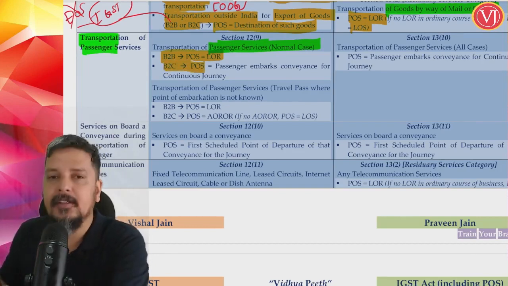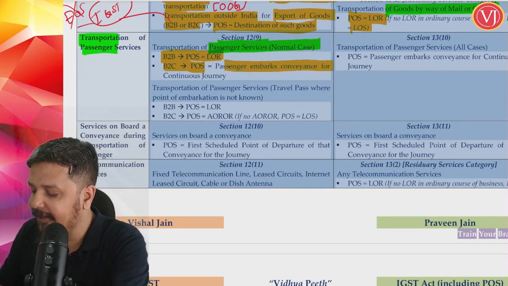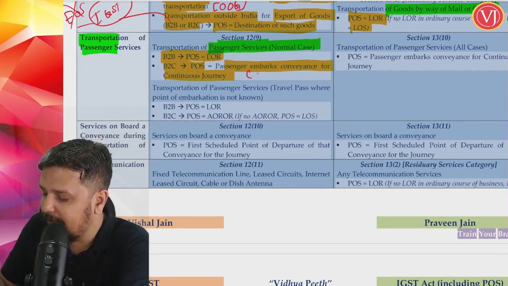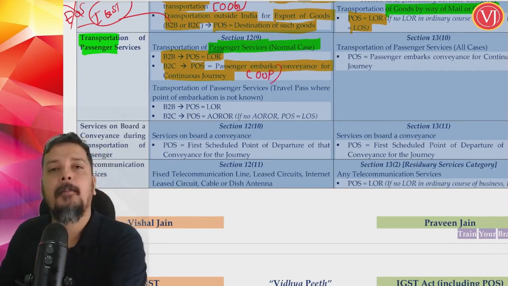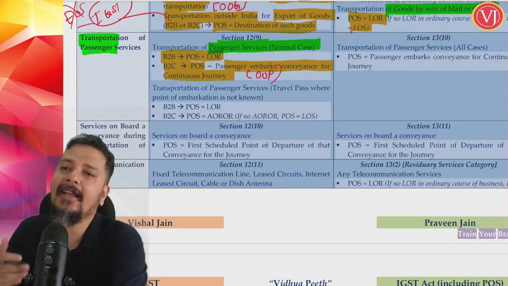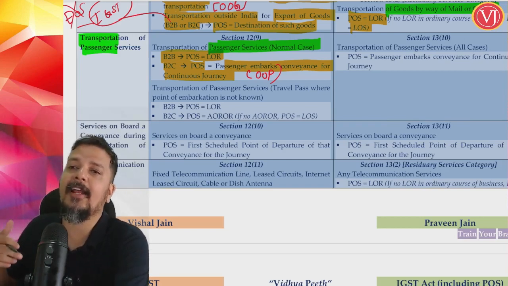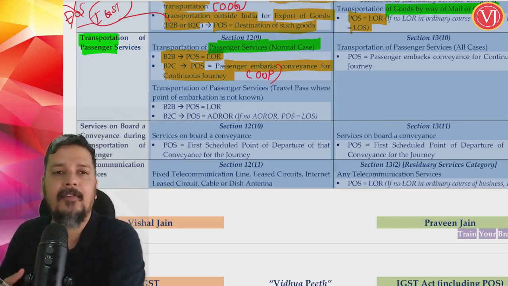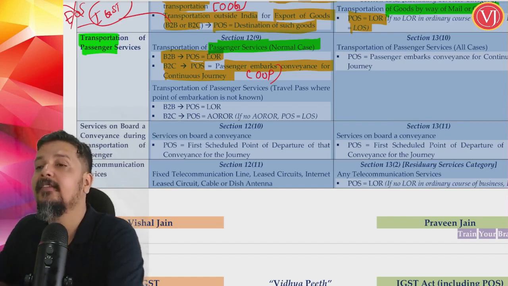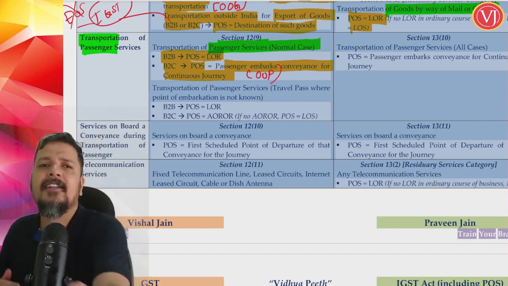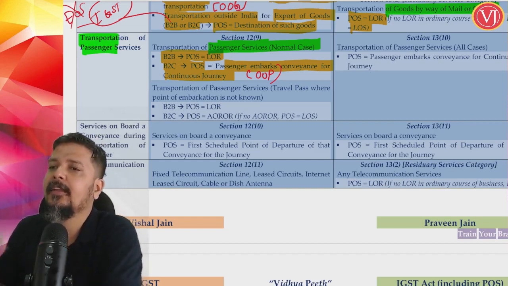B2C, it is the passenger embarking the conveyance, which means the origin of passenger. That is embarking the conveyance for a continuous journey. It does not mean that if the train is starting from, say, Kanyakumari and going to the last part of Kashmir, it is Kanyakumari. It is the location where the passenger enters that conveyance. He may have entered that conveyance at Bangalore. So the place of supply is Bangalore.